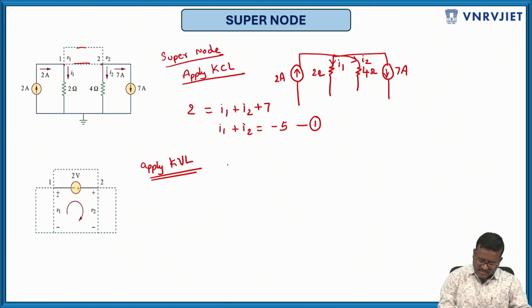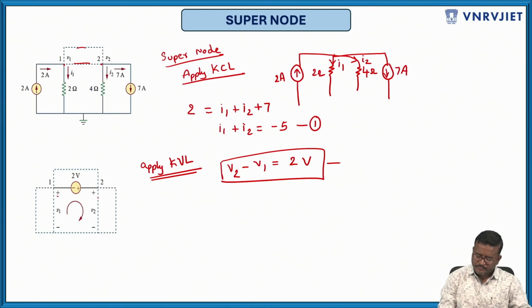So you can say V2 minus V1 equals 2 volts. And the other equation is V1 by 2 plus V2 by 4 equals minus 5.